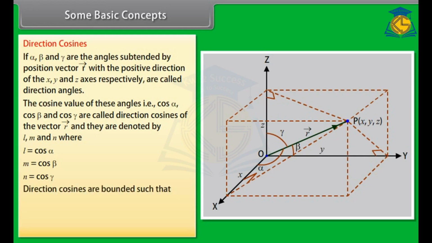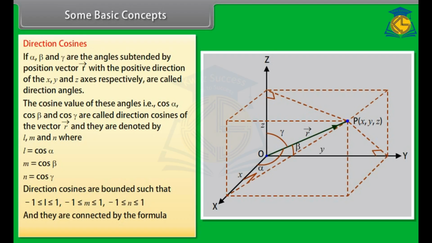Direction cosines are bounded such that -1 is less than or equal to L less than or equal to 1, -1 less than or equal to M less than or equal to 1, -1 less than or equal to N less than or equal to 1.